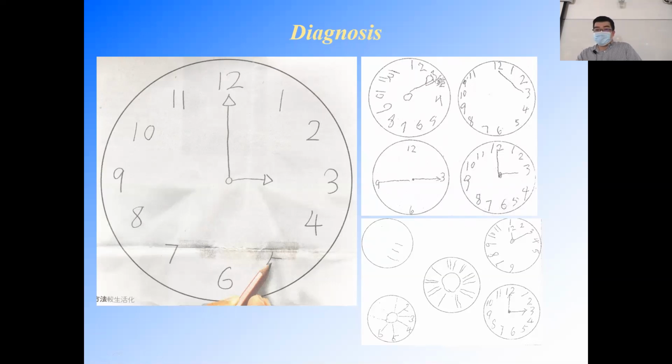So they asked the patients to copy this picture. They copy and then they draw those over here. We can see that this one is still okay, but in those others you can see that some of them even cannot, because this is a very important test. You have to look at the picture, and then you have to distinguish left and right, top and bottom.